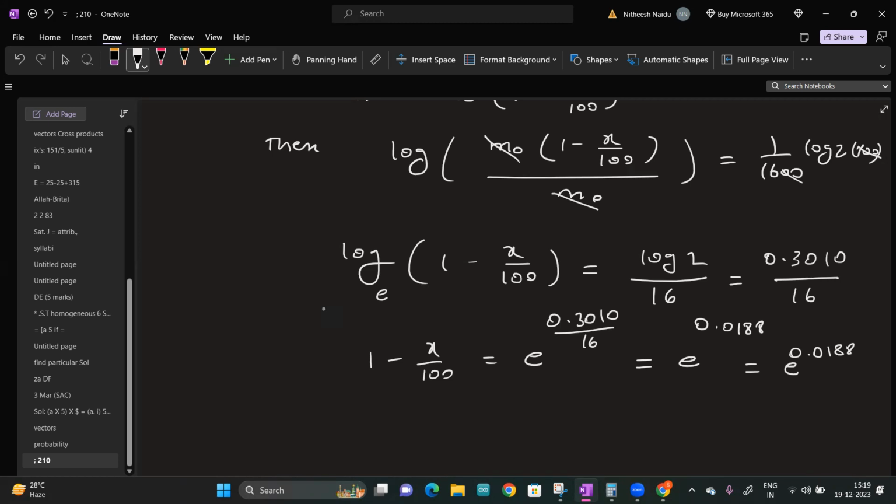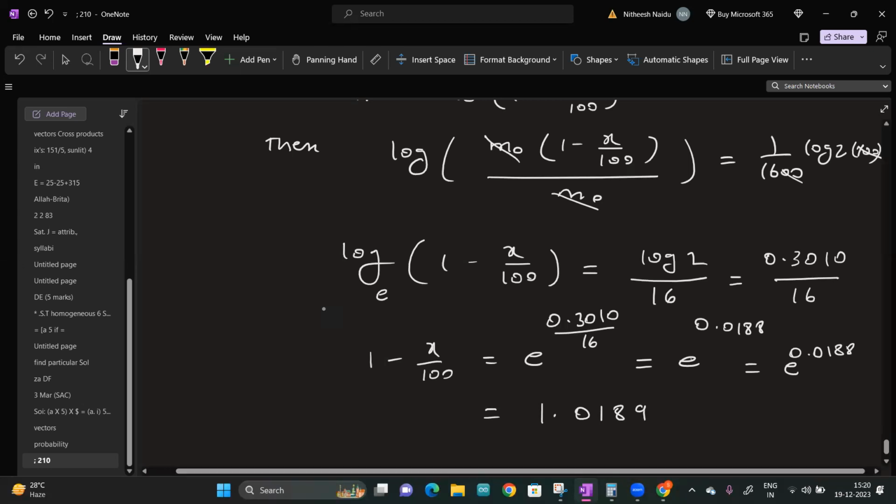It will be 1.0189. This is 1 minus X by 100.